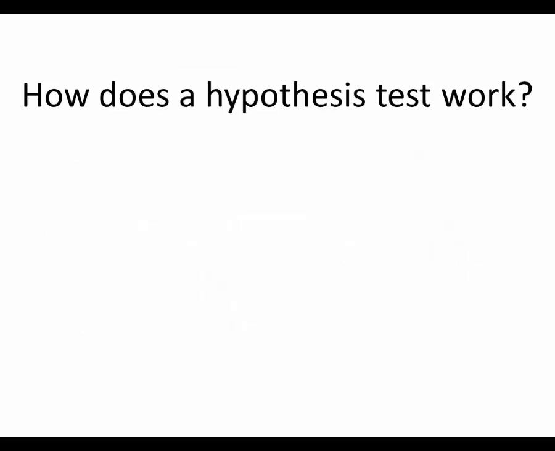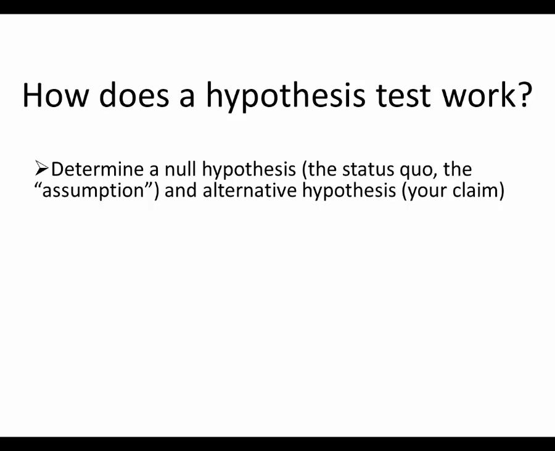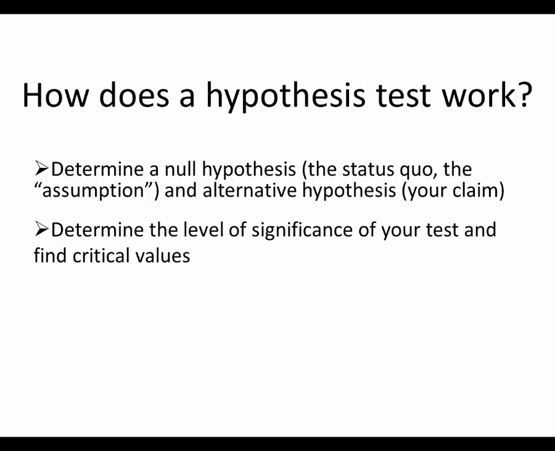And again, how does a hypothesis test work? We've said before, hypothesis tests basically are all the same except for the particulars of the test statistic. So with two populations, it works just the same. We find a null hypothesis and an alternative hypothesis. We determine the level of significance.